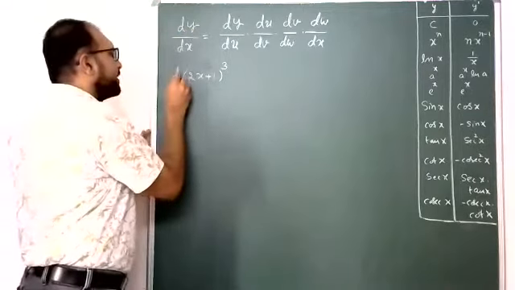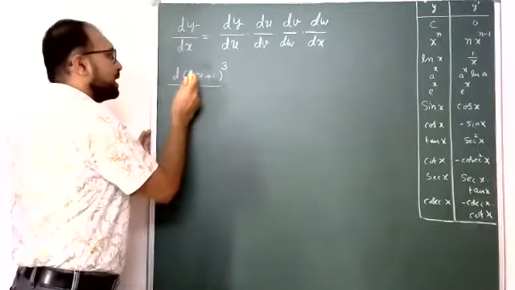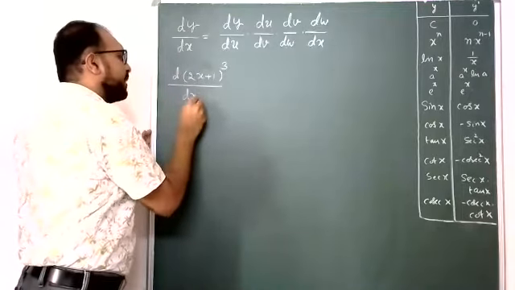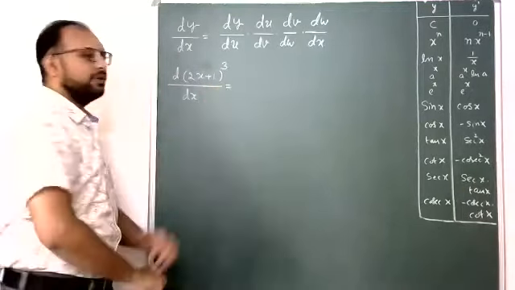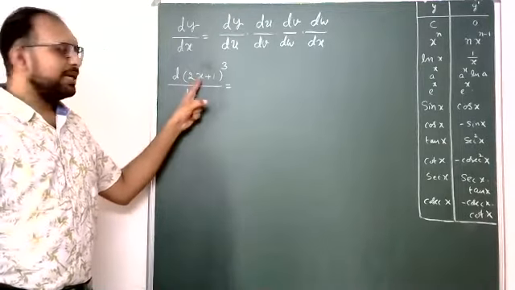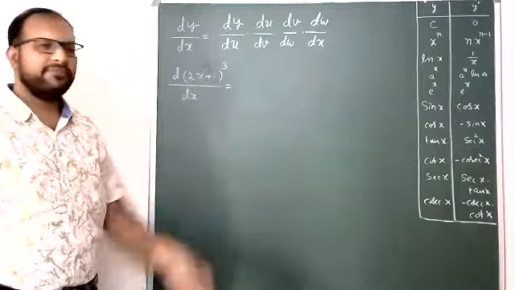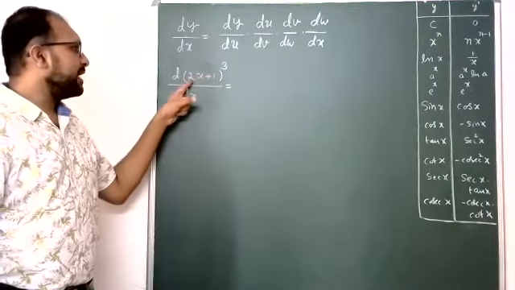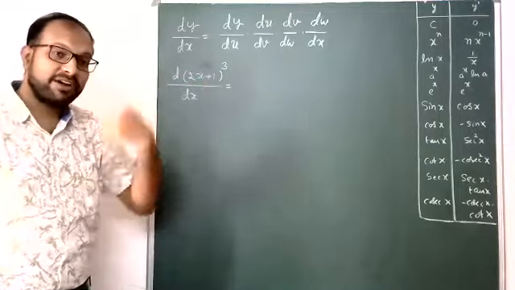So the derivative of 2x plus 1 whole cube with respect to x is the question. Students, if only x is there, it is very simple, the x to the power of n formula, that is 3x square. But here instead of x, one function is there, again one function.